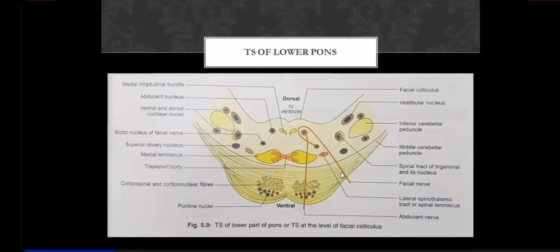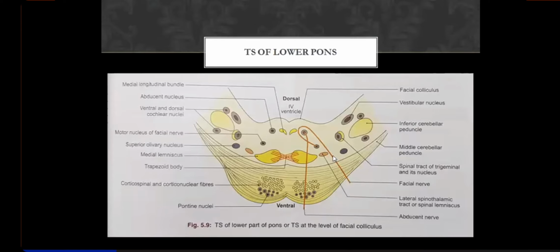So this portion is the pontomedullary junction, and you find this nerve emerging medially. About the facial nerve, I've already told you how it forms an arc and a bulge behind, dorsally, and that is called the facial colliculus. So the facial nerve emerges lateral to the abducent nerve at the pontomedullary junction.